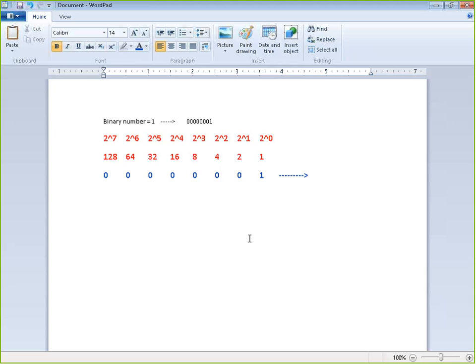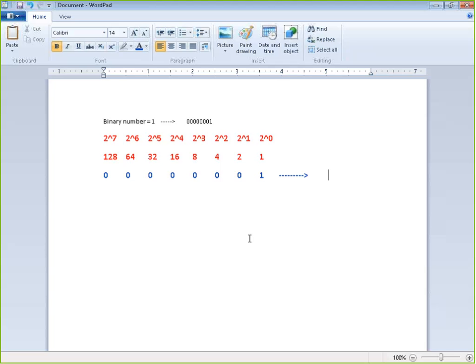Now with regards to this table, 0 means do not consider, ignore, and 1 means consider. Again, let me repeat: 0 means do not consider and 1 means consider. So 0 means off, means do not consider, and 1 means on, means consider. Clear about that?